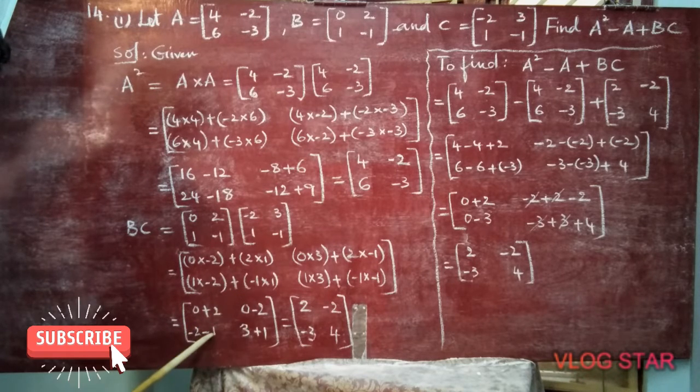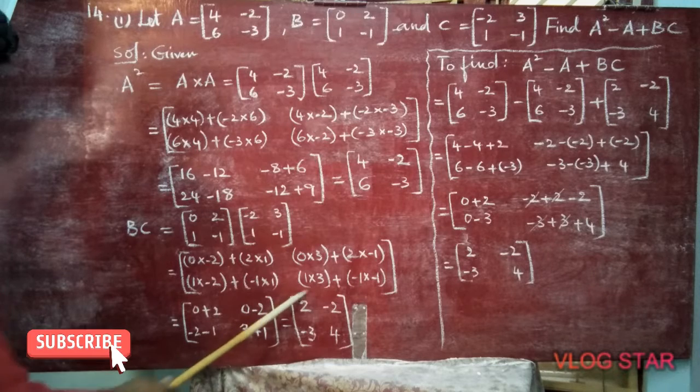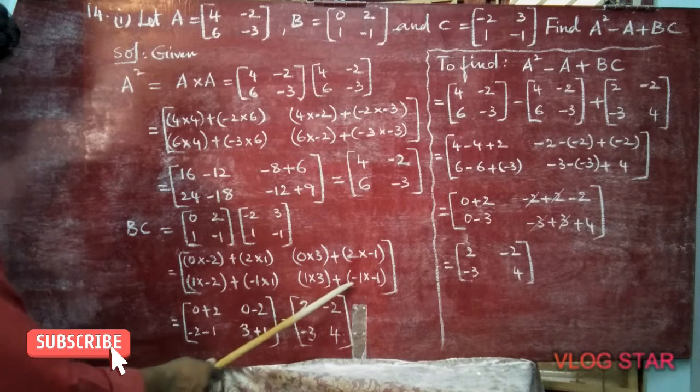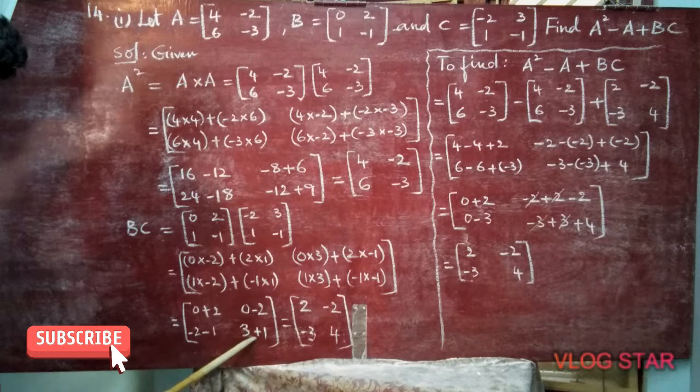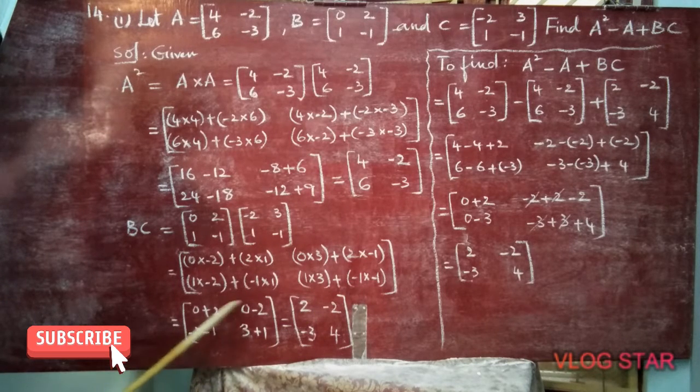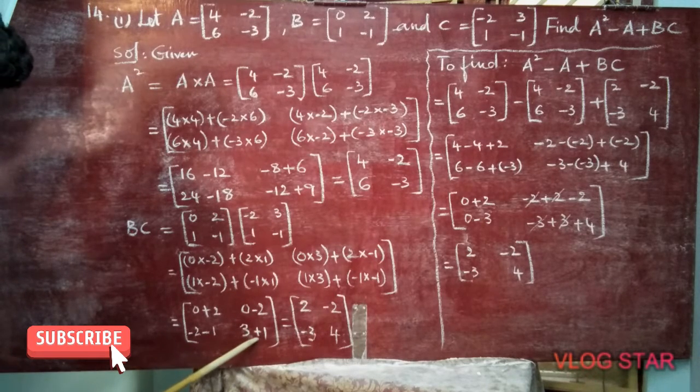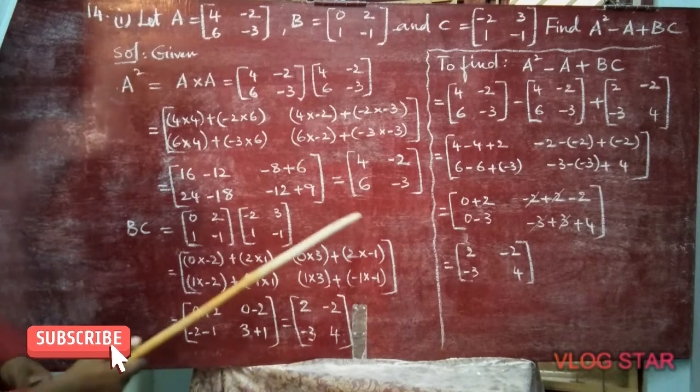Plus into minus, minus 1 ones are 1. 1 3s are 3. Minus into minus, plus. Plus into plus, again plus. 1 1s are 1. Now 0 plus 2 is 2. 0 minus 2 is minus 2. Minus 2 minus 1 is minus 3. 3 plus 1 is 4.